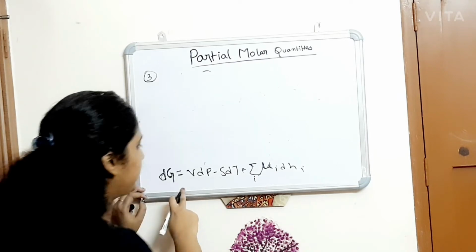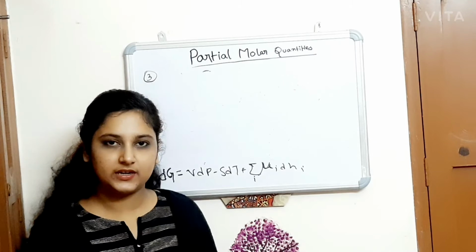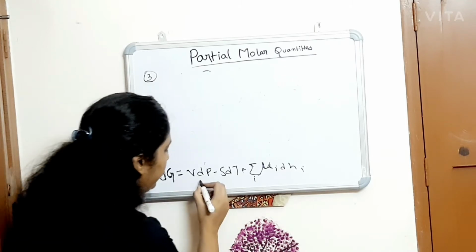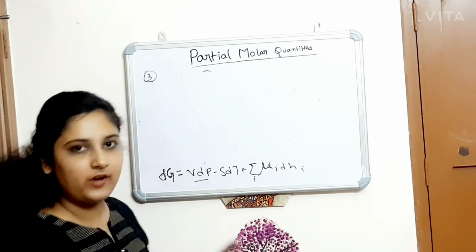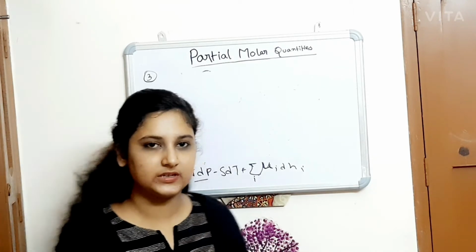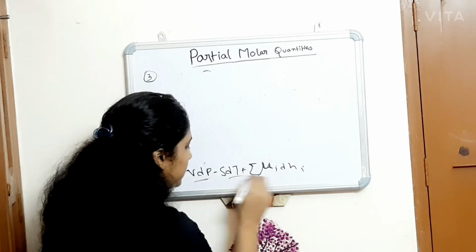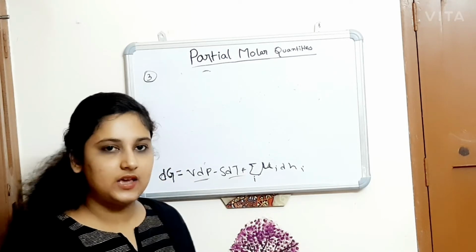Now from this expression, what is the expression for dG at constant temperature and pressure? At constant pressure there is no change of pressure in the system, so dP is equal to 0, and constant temperature means dT is also 0.